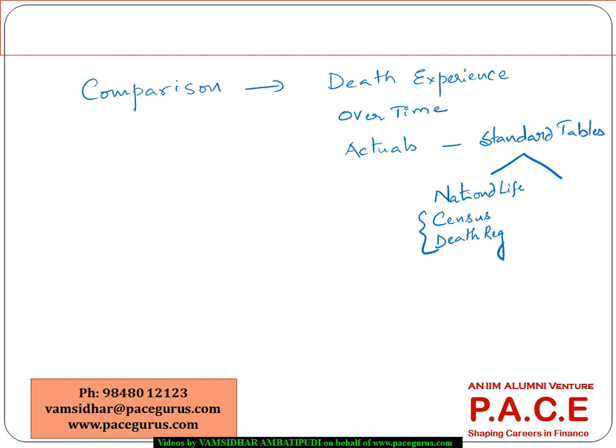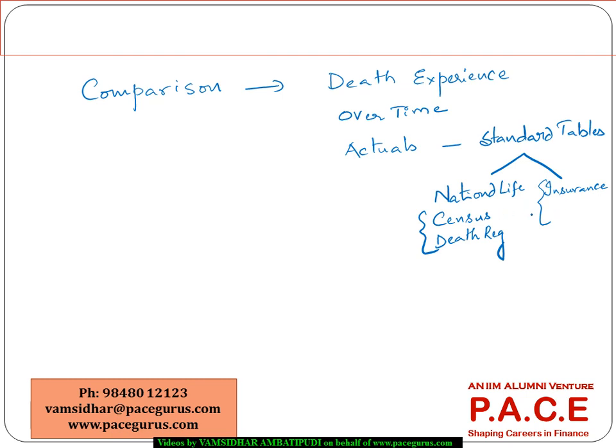That is one set of tables, and the second set of tables are the data based on the insurance companies. So whatever has been provided by the insurance companies with respect to the mortality experience. So based on the number of policies, number of deaths that have occurred during the period, they create one kind of table based on the actual experiences they had during a specific period.